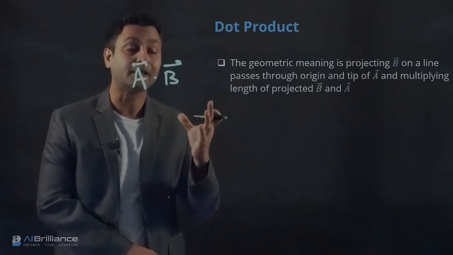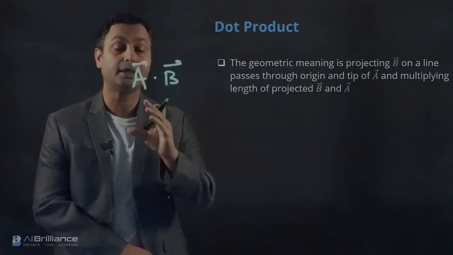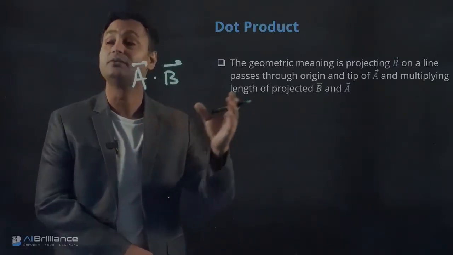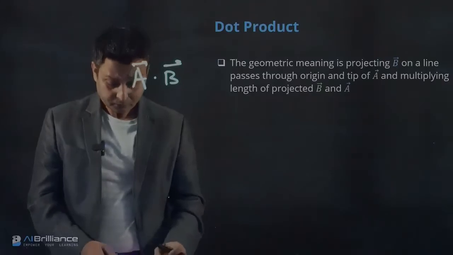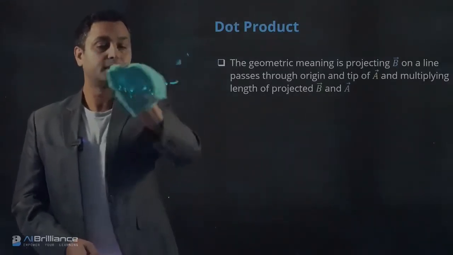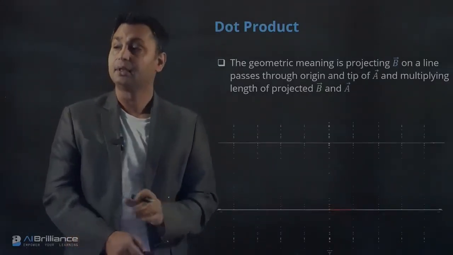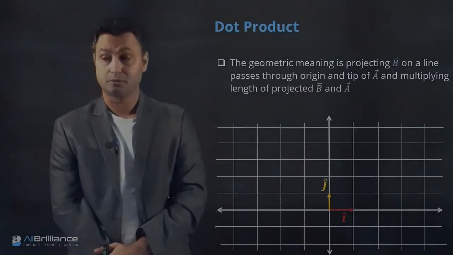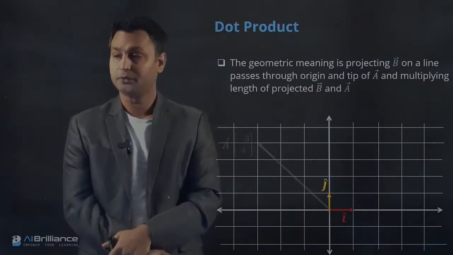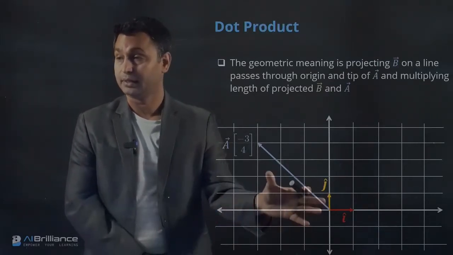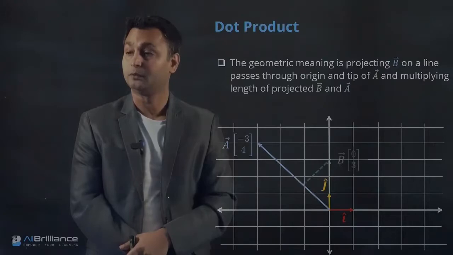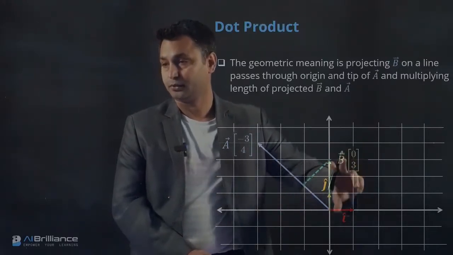That magnitude of the projection of B on A, multiplied by the length of A itself, is the geometric meaning of the dot product. So let's take some geometric examples and see what this means. Let's say we have this grid, and a vector A which is given by this line here, and a vector B which is given by 0, 3.